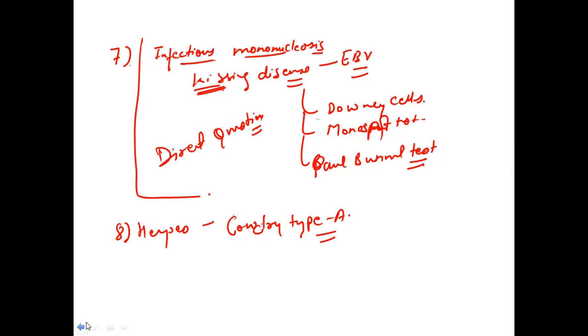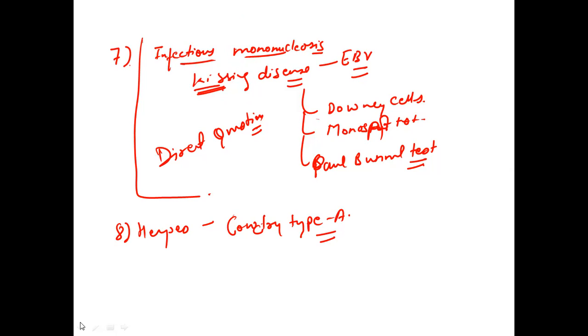Very, very important to remember. You just have to remember these viral infections, mainly in oral pathology. I'll let you know all the other diseases, but these are most important, right?